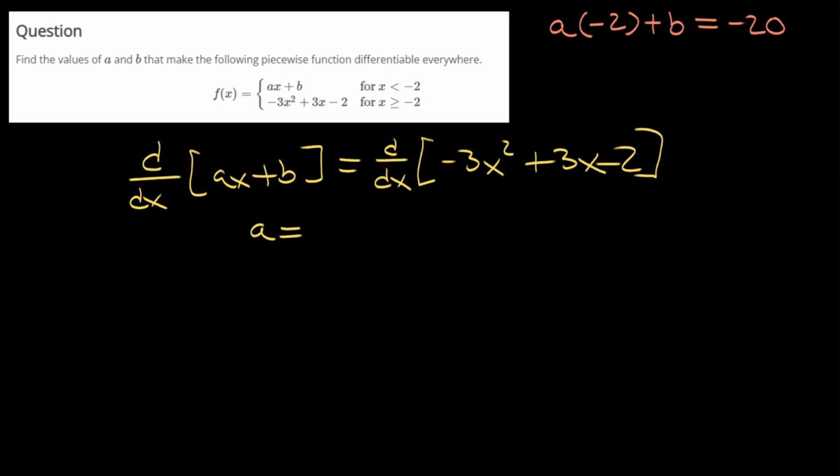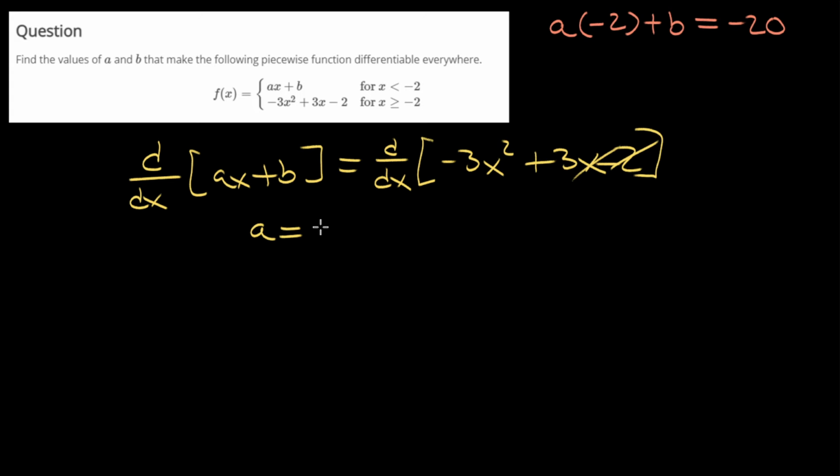Now, a equals the derivative of this. We know that the 2 comes down and the x cancels, so we do -3 times 2, which would equal -6.